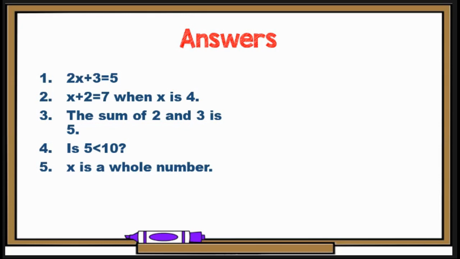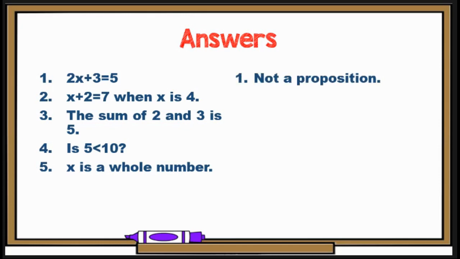Does it have a truth value? Is 2x plus 3 really equal to 5? Yes? No? Okay, since you cannot determine whether it is true or false, since the value of x is not defined yet, then it is not a proposition.